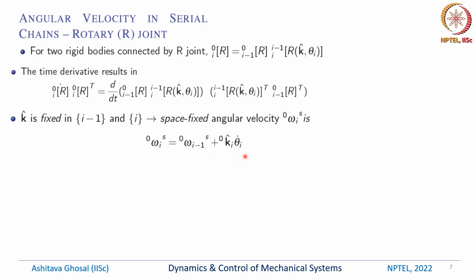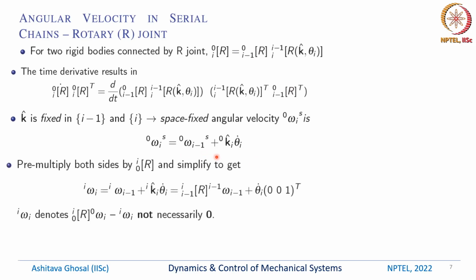It is very obvious. I have an angular velocity of the first rigid body. The second rigid body is connected to the first by a rotary joint, which allows a rotation of the second with respect to the first. So the angular velocity of the second will be the angular velocity of the first plus what is happening at the rotary joint. This is exactly this equation written in a formal mathematical form, which we can use later for analysis.